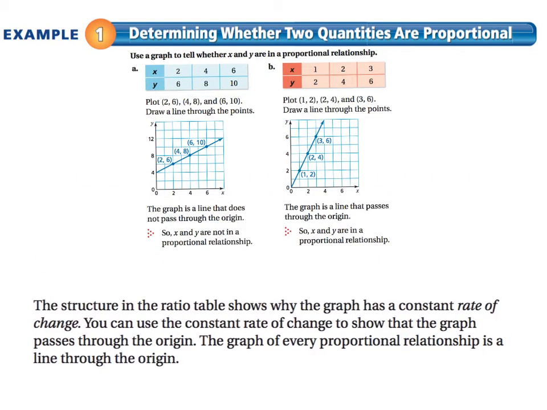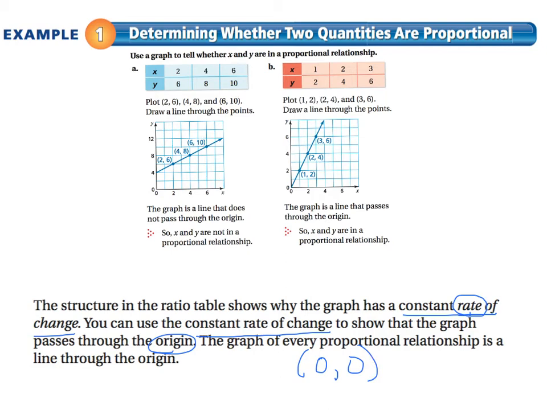The structure in the ratio table shows why the graph has a constant rate of change. Now, a constant rate of change, rate, there's your vocab word. Rate of change means it makes a straight line. You can use the constant rate of change to show that a graph passes through the origin. Now, if you remember, the origin is 0, 0.